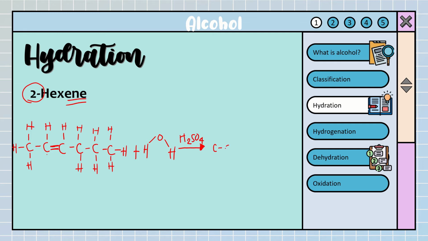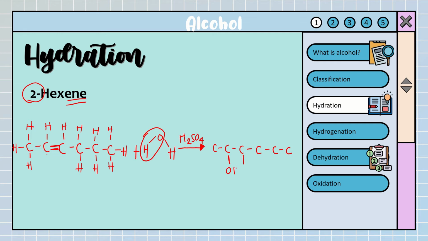Let's just copy first the 6 carbon atoms. So again, what happened here? It will be broken down into single bonds. Next, our hydroxyl group will be bonded, or added, to our compound.